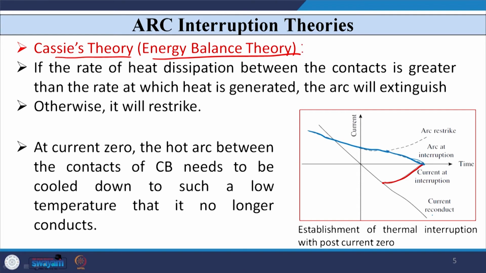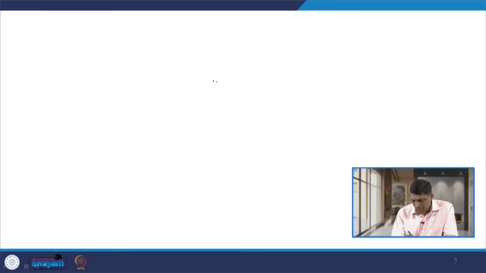Now, this is all about the low resistance arc interruption theory. The other type of theory, which is not very prominent, is the high resistance arc interruption theory. In certain cases, when there is an arc across the contact of the circuit breaker, let us consider that this is one contact of the circuit breaker, and this is the arc.